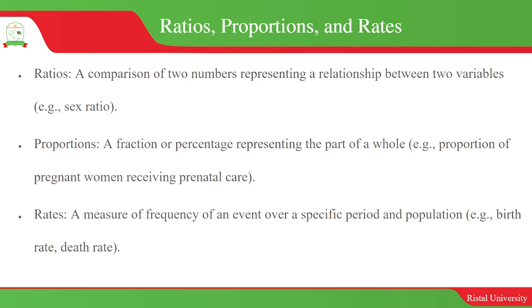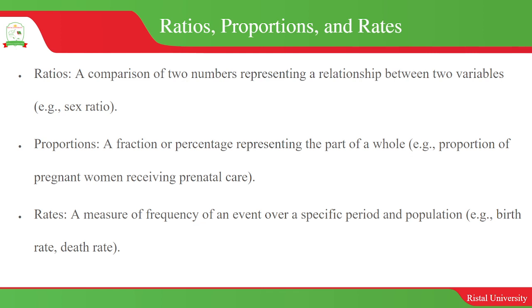For example, if you have a class of 10 students, and out of the 10 students, 4 are female. These 4 who are female are part of the 10. So 4 out of 10. That is a proportion because the 4 are part of the 10. So you should know that.